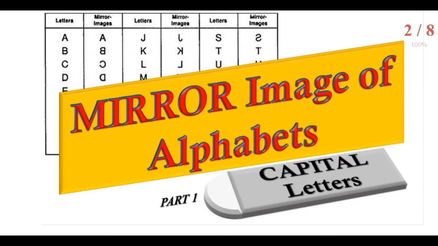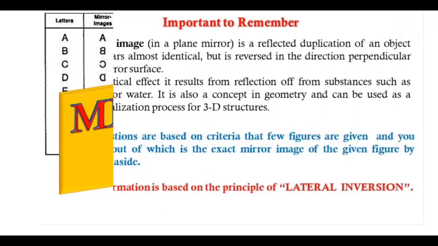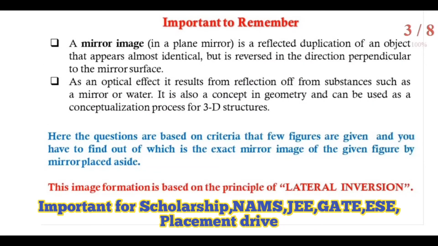Let's start how we will get the mirror images of alphabets. First we have to remember that a mirror image in a plane mirror is a reflected duplication of an object that appears almost identical.